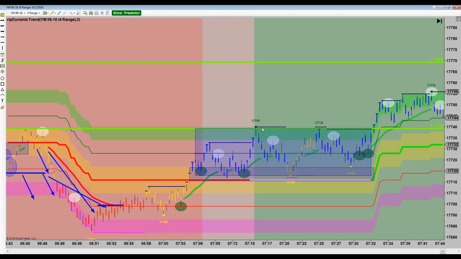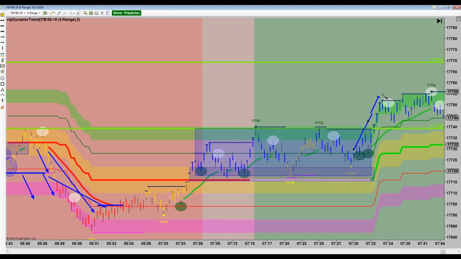You're buying support, you're taking profits up here. You're re-entering support, taking profits up here. Re-entering, taking profits, and then the trail starts to kick in, and you start to get a breakout to the upside. Arguably, the trend change occurred more or less in here.